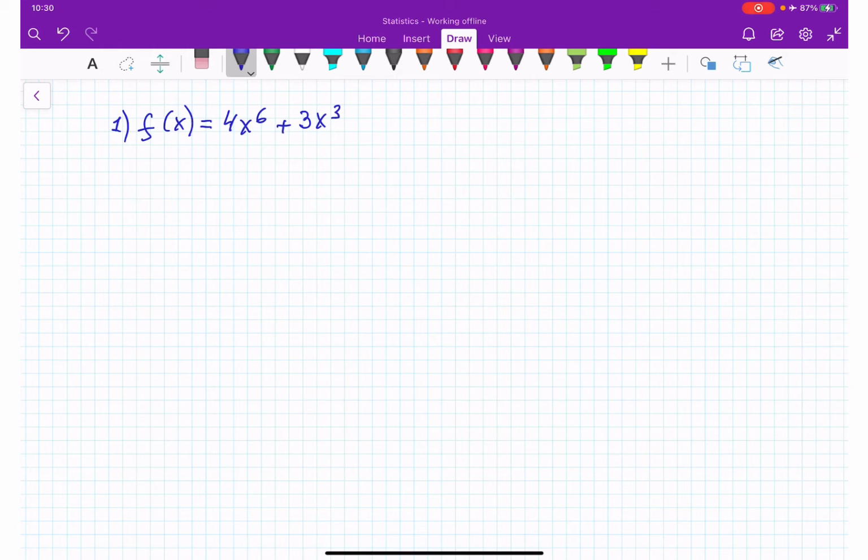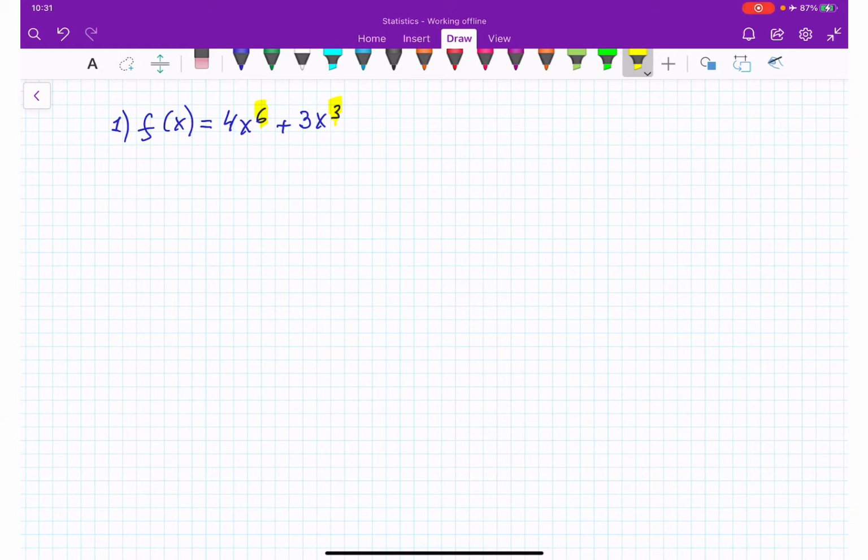If we would have a degree that is a fraction, or negative, or in decimal notation, anything else but a whole number, then it's not a polynomial function. Okay, since we have whole numbers 6 and 3, then we have a polynomial.